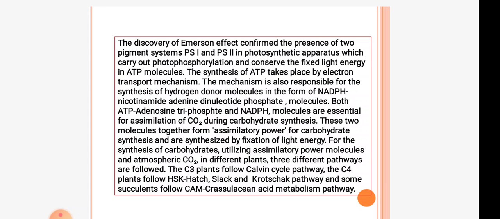For the synthesis of carbohydrates utilizing assimilatory power molecules and atmospheric CO2, in the different plants, three different pathways are followed. C3 plants follow Calvin cycle pathway. C4 plants follow HSK pathway, Hatch, Slack and Kortschak pathway, and some succulents follow CAM or crassulacean acid metabolism pathway.